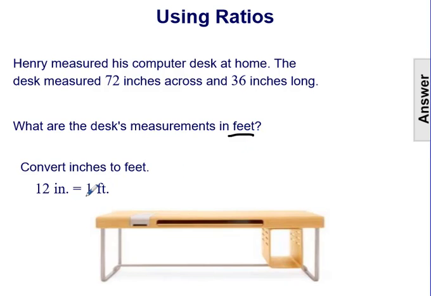Well, we want to convert the inches to feet, so we know 12 inches are equal to 1 foot. So let's start with the across, the 72 inches across. We know 12 inches equals 1 foot. We want to see how many feet 72 inches would equal. That would be our unknown.